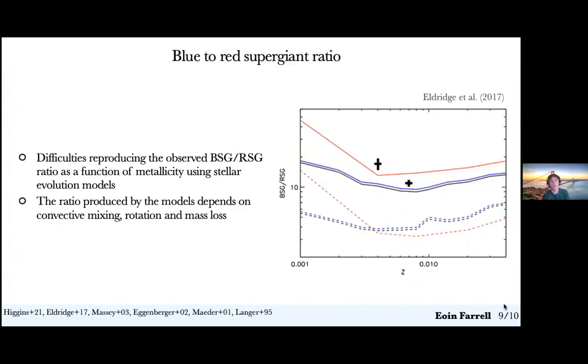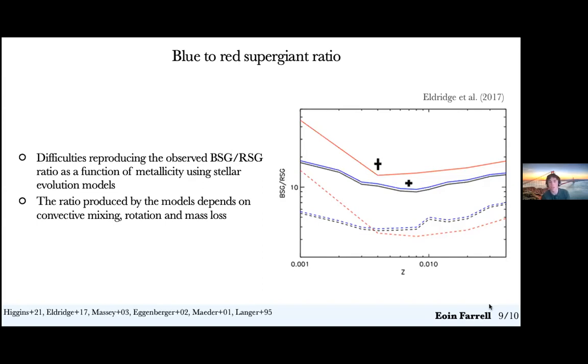Finally, the ratio of blue to red supergiants may also be a useful mechanism to constrain different evolutionary pathways. There's some difficulty actually reproducing the observed blue to red supergiant ratio as a function of metallicity using stellar evolution models.